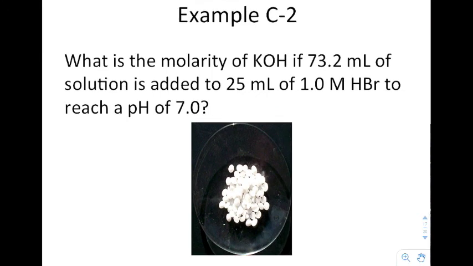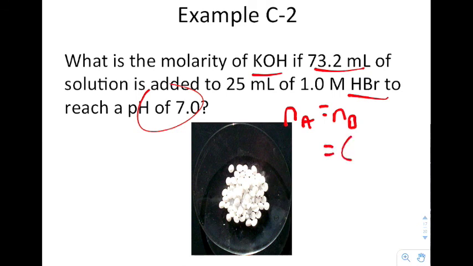Now it says, what is the molarity of KOH if 73.2 mils of solution is added to 25 mils of 1 molar hydrobromic acid in order to reach a pH of 7. Once again, we've established the equivalence point, strong acid, strong base. So the number of moles equals the number of moles. I know that I used 73.2 mils of base.